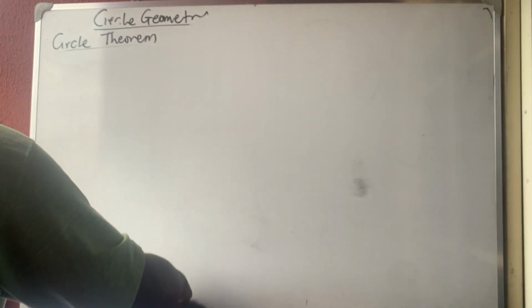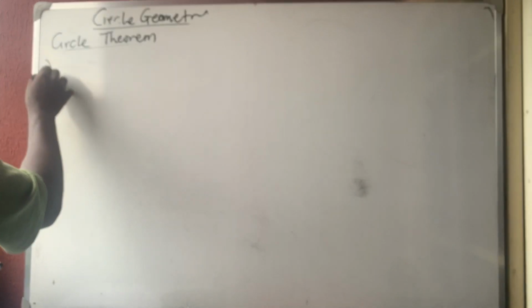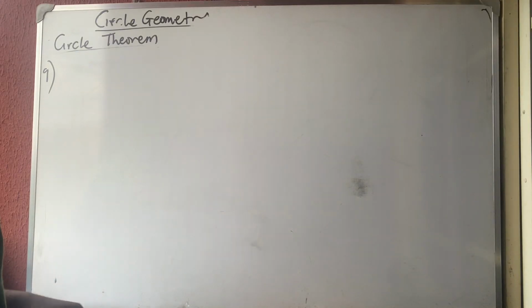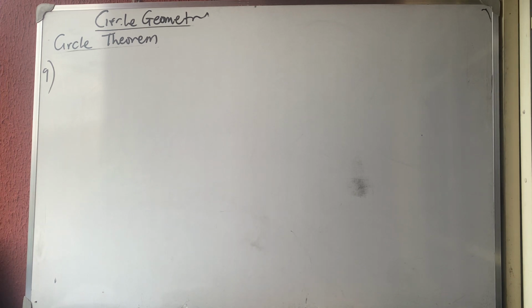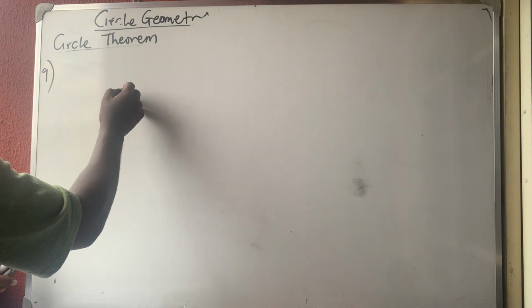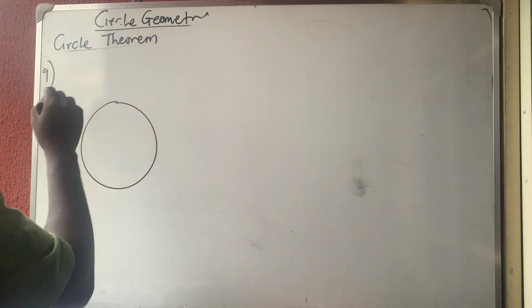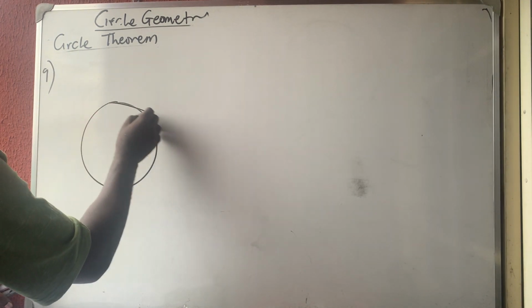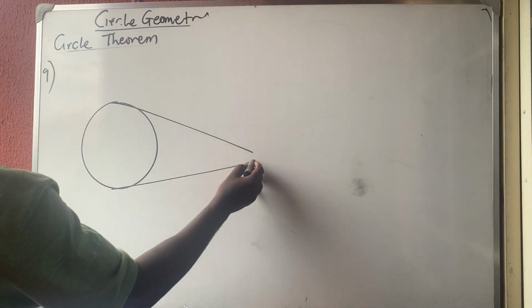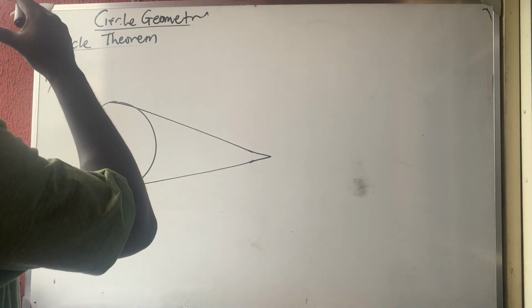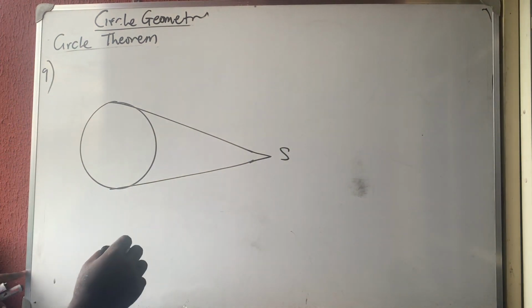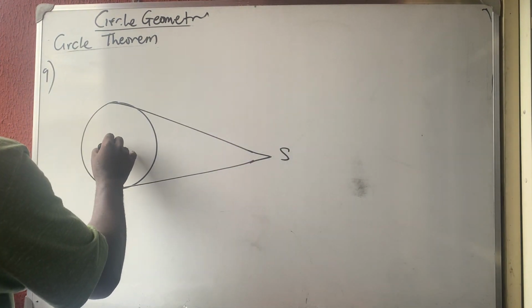Number 9. Number 9 said two tangents SR and SK to a circle with center O are equal in length. In this one, if I have a circle like this and two tangents that met at a point outside the circle, they met at point S, and this is the center of the circle.